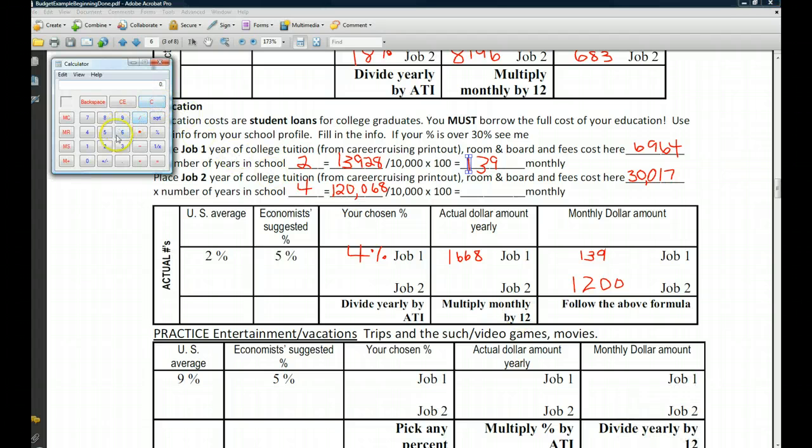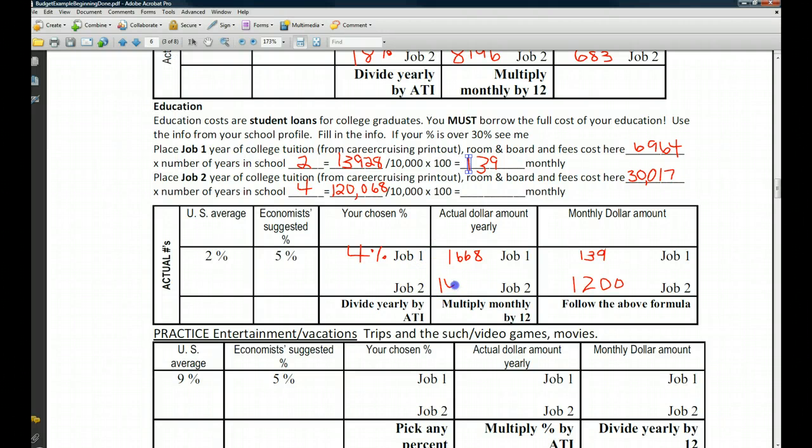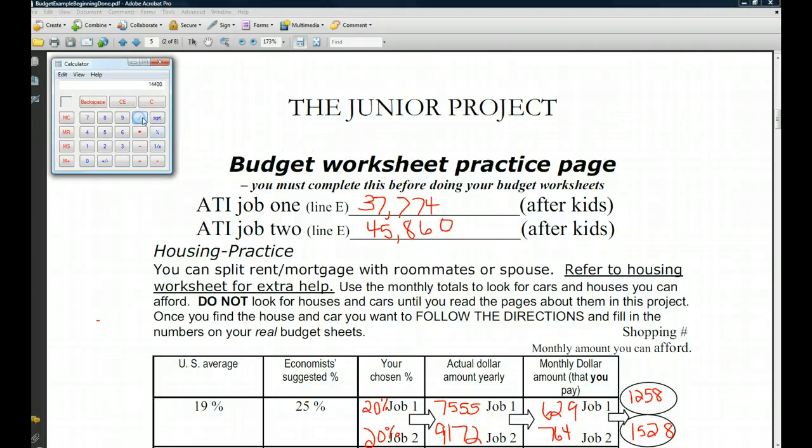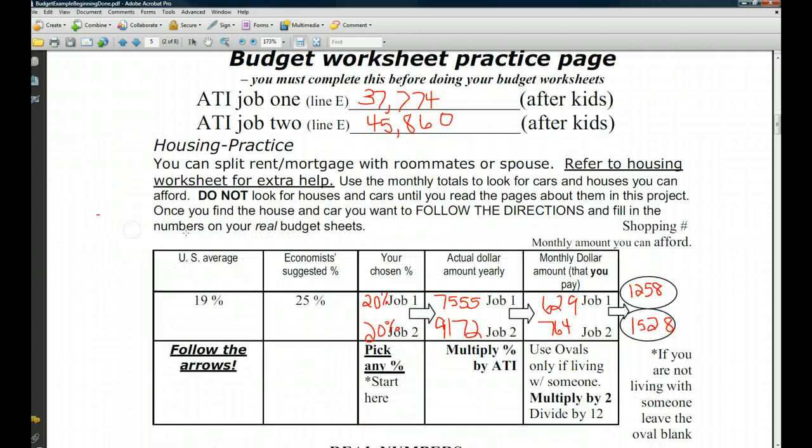Okay, 1,200 times 12 is 14,400. I have to go back up and look at my ATI, so I'm going to divide that by 45,860. Okay, so 31% of my income would be going to my education.